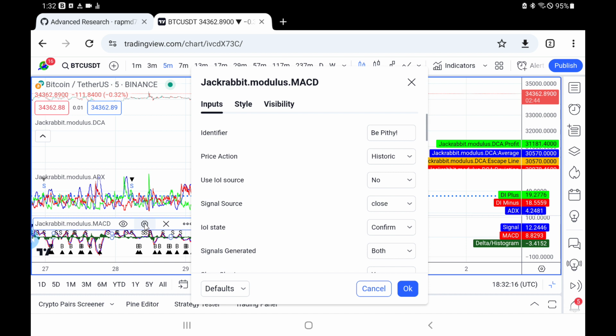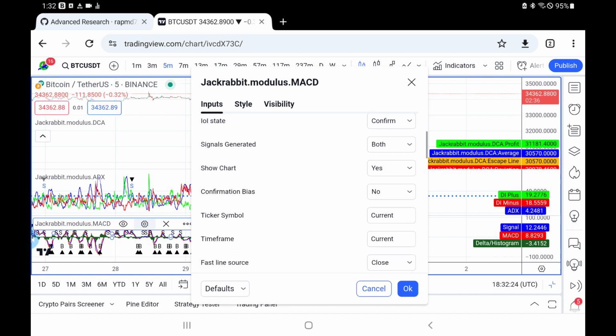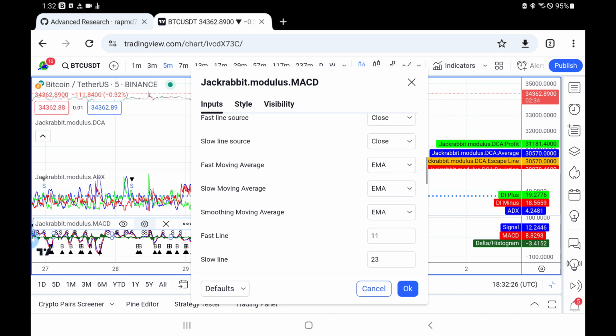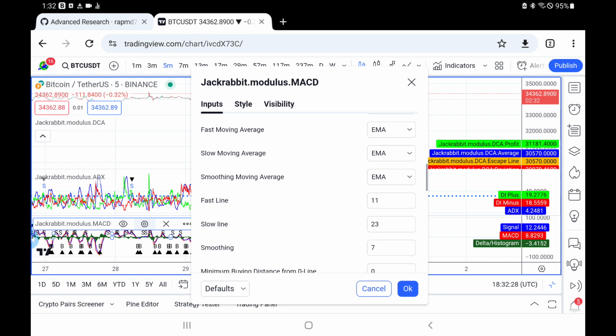It's not overly complicated. Historic candles only, of course. And for this MACD, I've tweaked it a little bit to be a little more aggressive than the traditional settings. But you'll notice I've stuck to my standard practice of prime numbers.